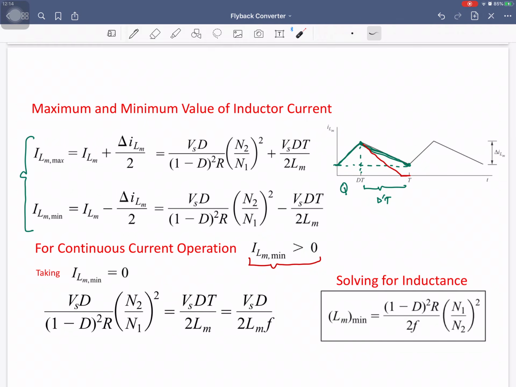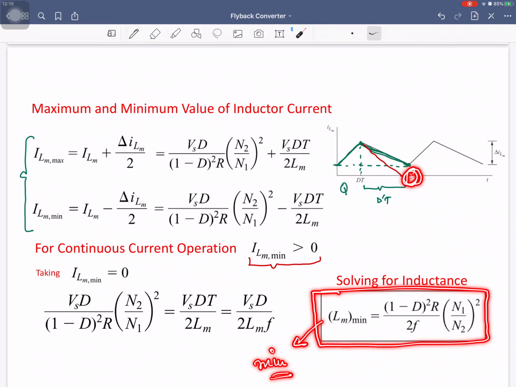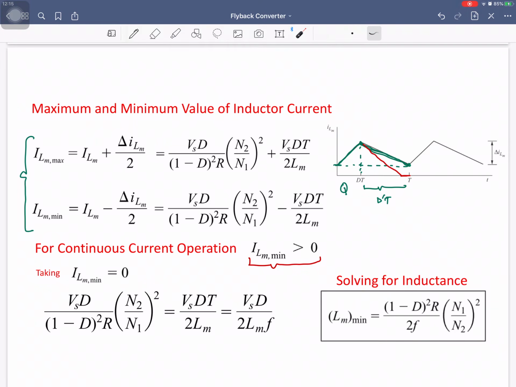Then writing T in the form of frequency, T is equal to 1 by F, and solving it for inductance, you will get this expression for the inductance, and this will give you the minimum inductance, because we have applied the condition that IL minimum should be equal to 0. So it is the minimum inductance that is required to have the continuous conduction mode.